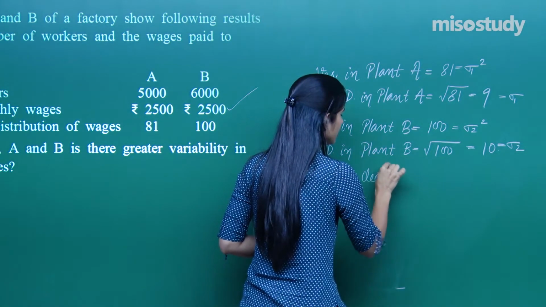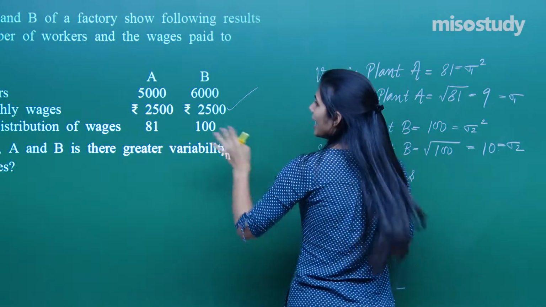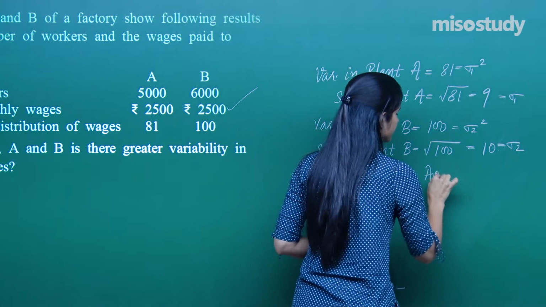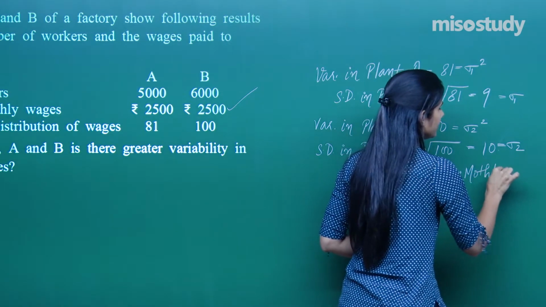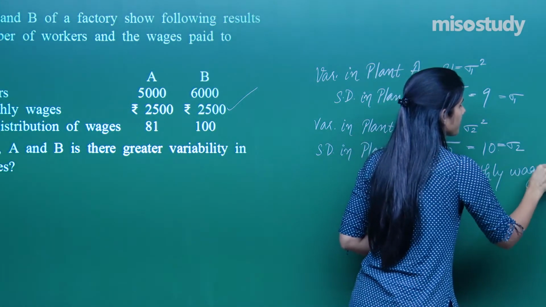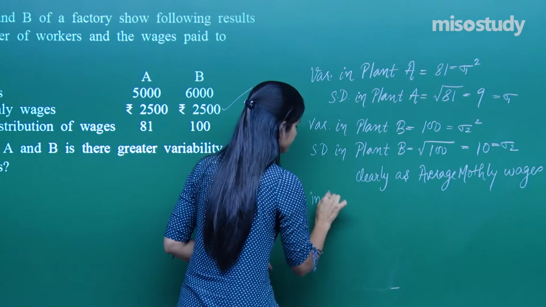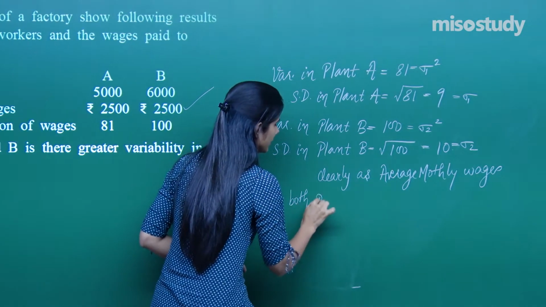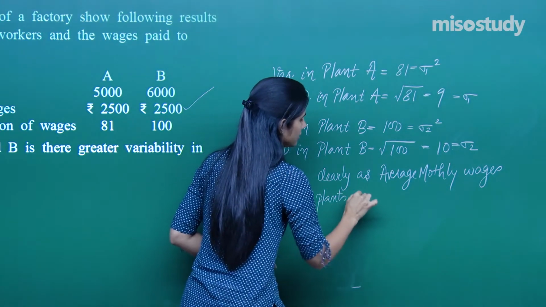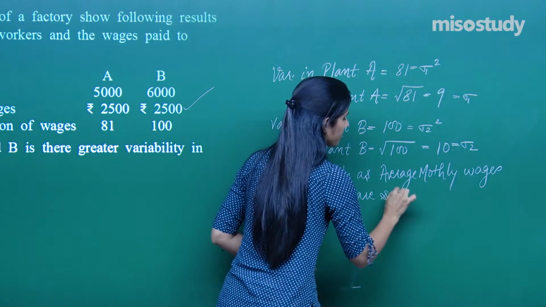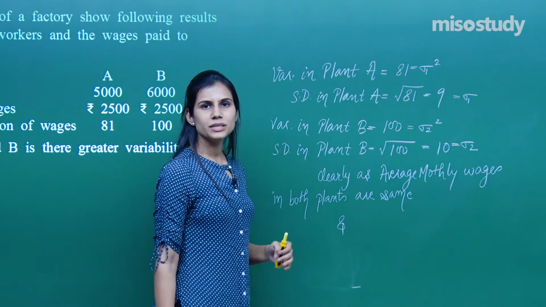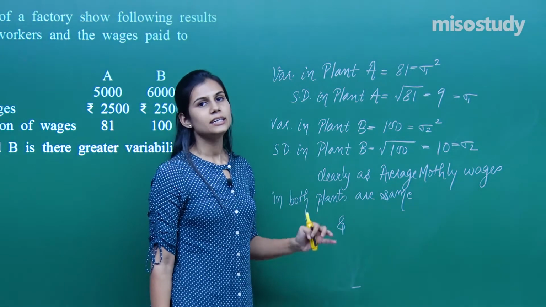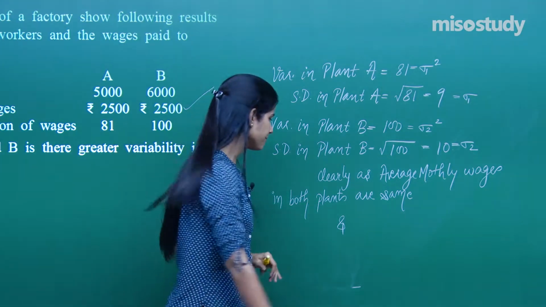Clearly, as average monthly wages in both plants are same, therefore, standard deviation happens to be the sole decider in concluding about variability.